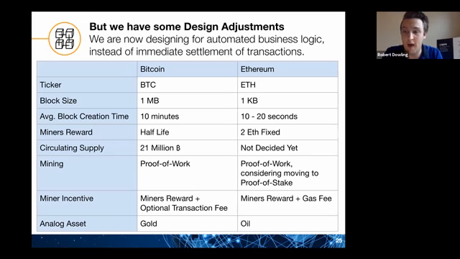Why is that? Well, we talked about earlier how these smart contracts enable business logic. And if you're doing business, you're going to want transactions to be settled very quickly, especially if that business is automated. So it would make sense to have much quicker settlement.